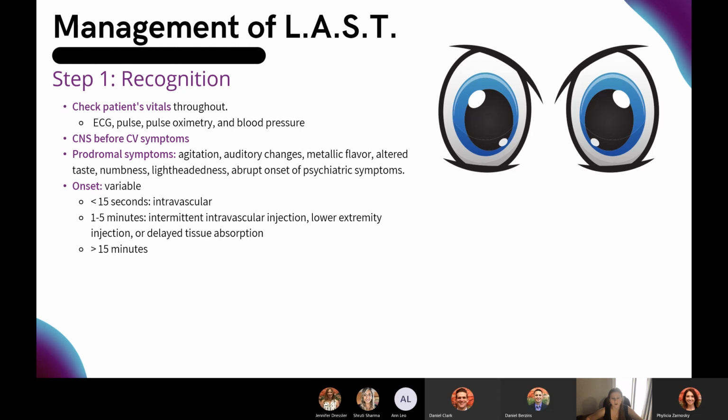It could be in a lower extremity injection or delayed tissue absorption. But even with all that said, you can still have toxicity symptoms 15 minutes or greater after the injection is complete. So it's important to monitor a patient for at least 30 minutes after procedure to ensure there are no adverse events.